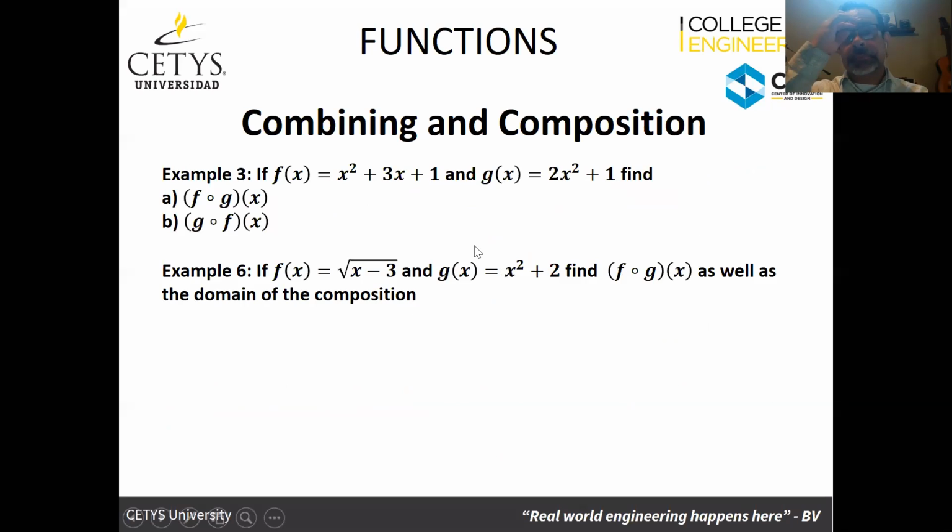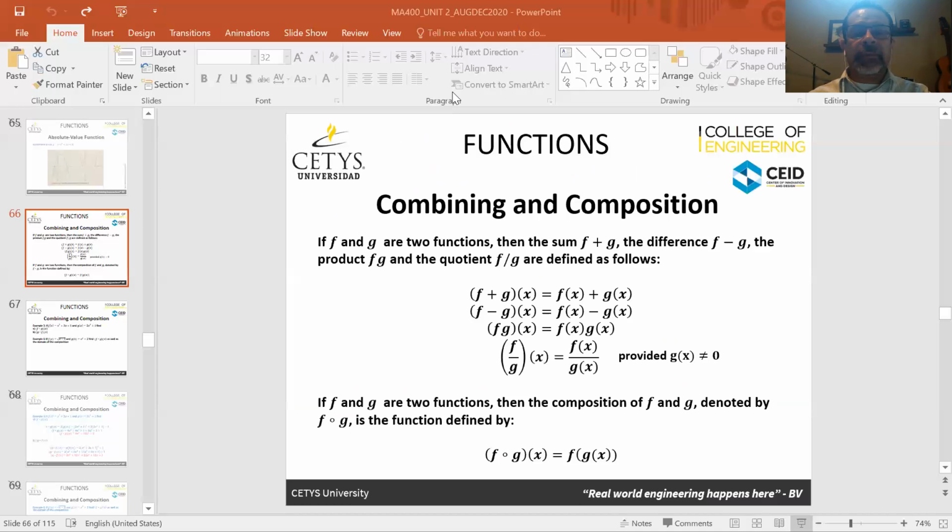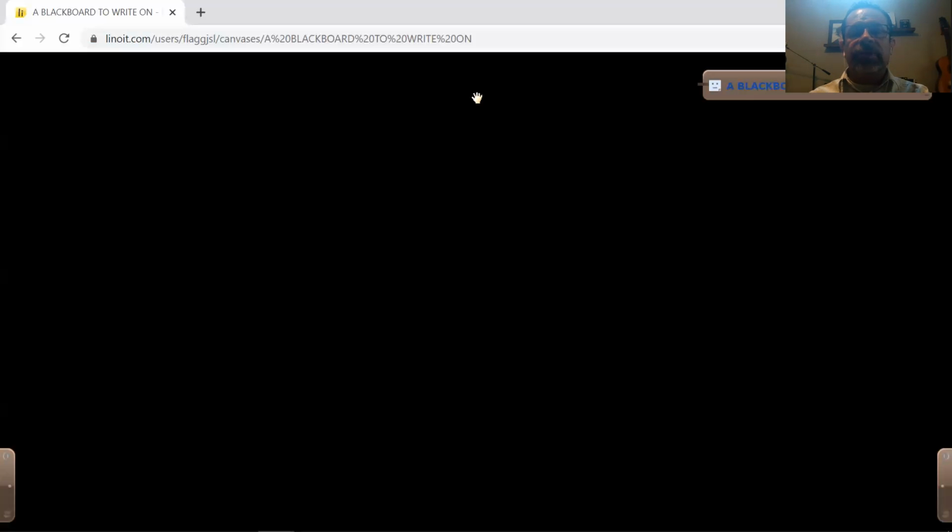But let's do these two examples, okay? So example 3, we've got two functions. We're going to do both compositions. So I'm going to switch over to the canvas over here. And please, if somebody would be so kind as to let me know the functions. Is it 1 or is it 4 or 5?